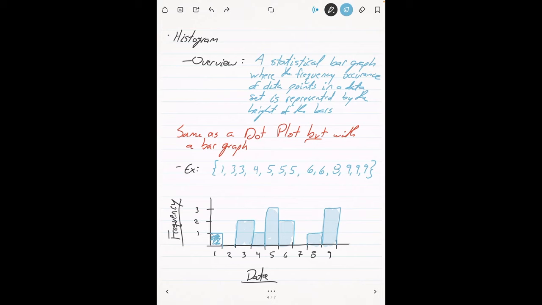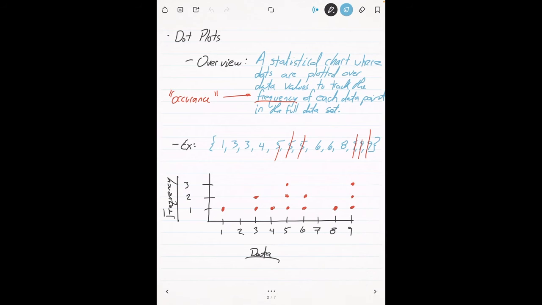In fact, go back and take a look at the shape that we have here for this graph compared to the shape that we had for the dot plot. You'll see that really we have the same shape for the dot plots that we did for the histogram. It's the exact same setup of what's going on here.